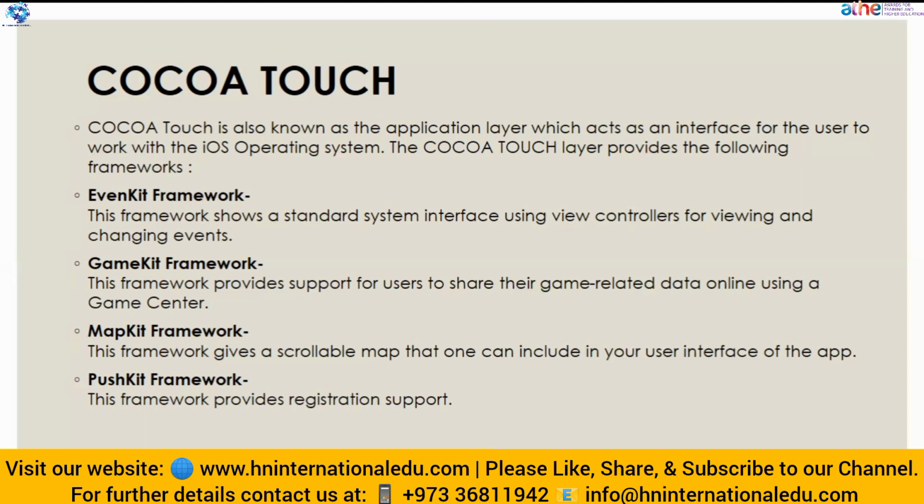This framework gives us a scrollable map that one can include in the user interface of the app. Google Maps is one application, but if you want to add maps in your application so that users can check their location, you can use this framework to embed those maps in your application.